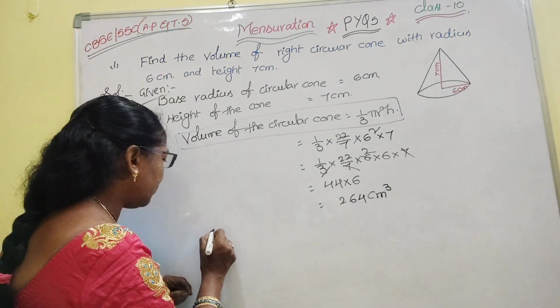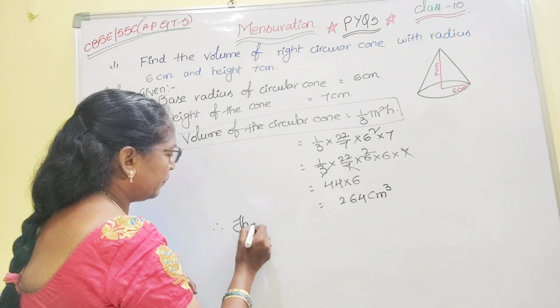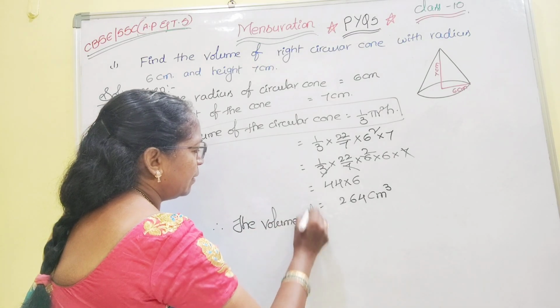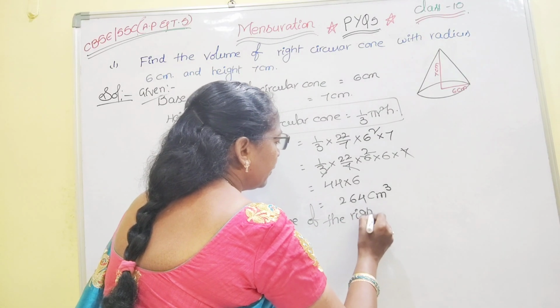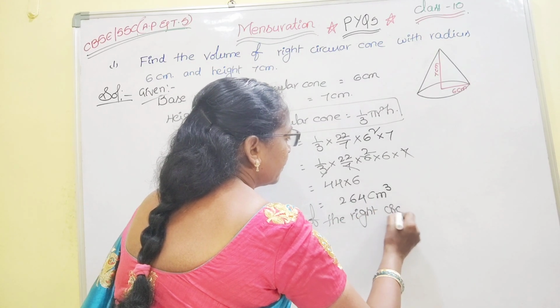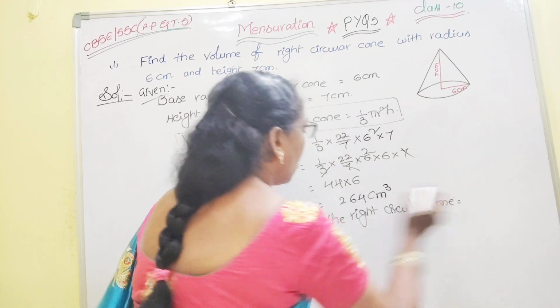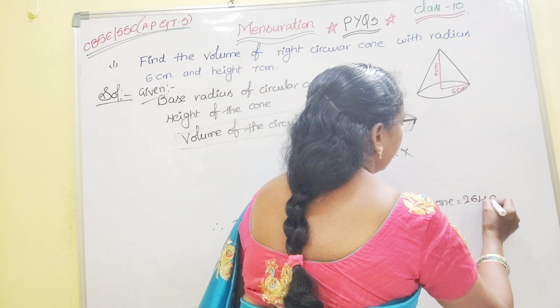This is very important. Therefore, the volume of the right circular cone equals 264 centimeter cube.